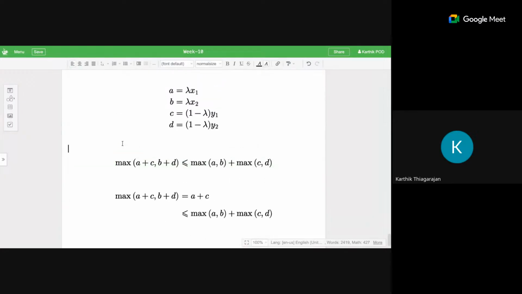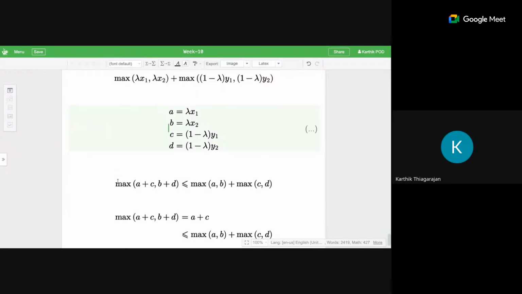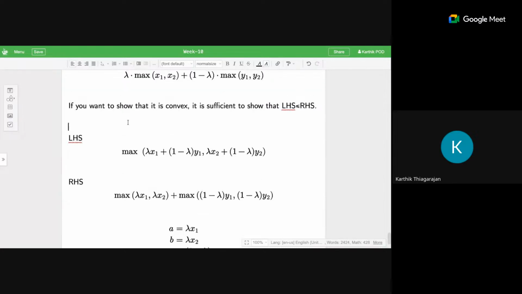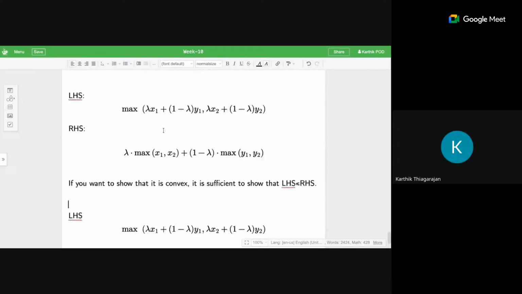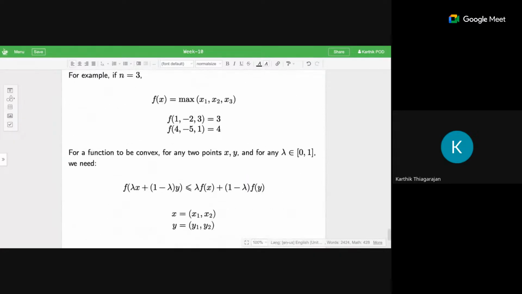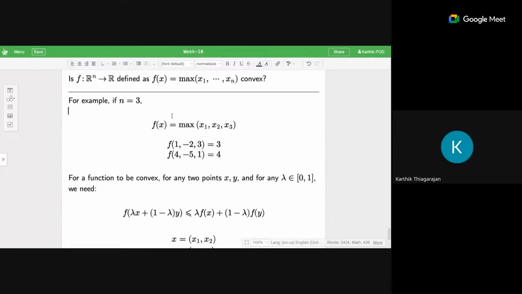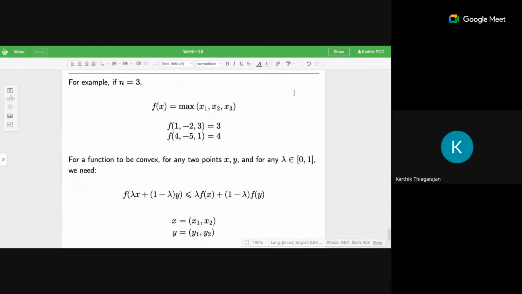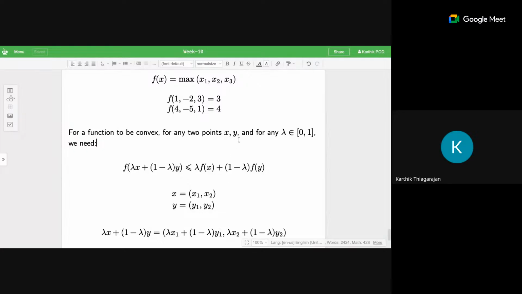And this is true for any A, B, C, D. So LHS is less than or equal to RHS. Therefore, what we have just shown is LHS less than or equal to RHS for any lambda in 0 to 1. And all of this goes back to showing that F is convex, because the original definition of convexity is satisfied. Is that fine?